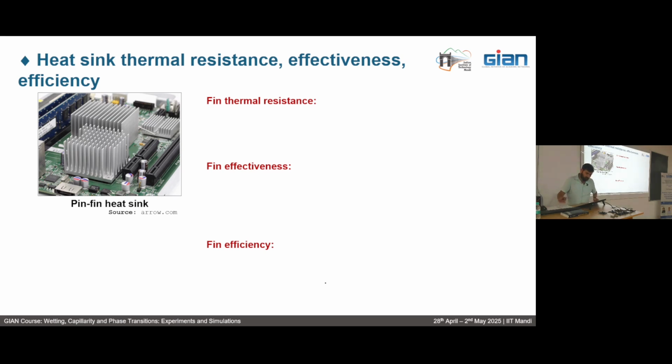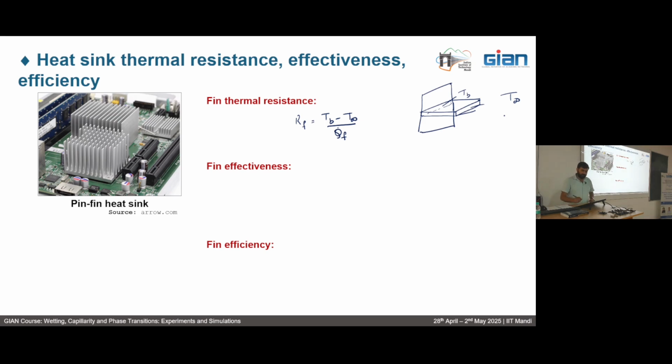So when we talk about fin thermal resistance, it is equal to Tb minus T infinity over the heat transfer from the fin, where Tb is the temperature of the base, T infinity is the ambient temperature. Let me also draw the fin here. Okay, this is your Tb, this is your T infinity, and the heat transfer which takes place from the fin is Qf.